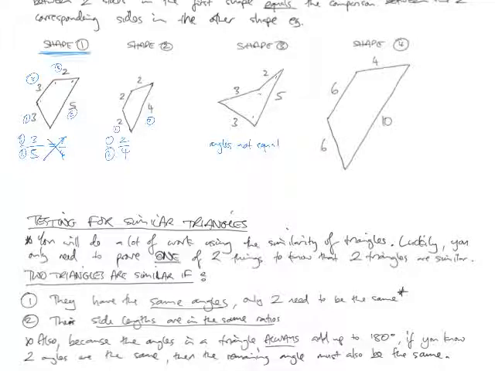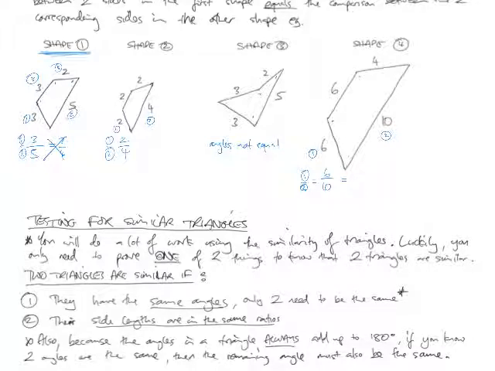So this last one here, the angles look about right. It's not the greatest drawing, but I didn't draw it with a ruler. If I write the corresponding side numbers here, if I make a fraction out of that, 1 over 2 would be 6 on 10. What does that cancel down to?